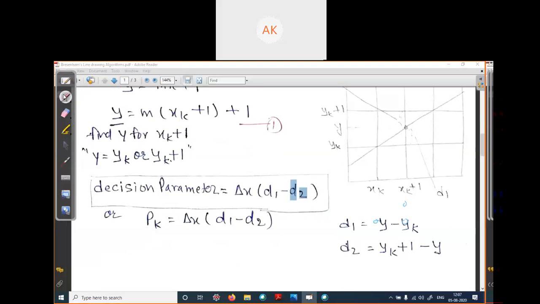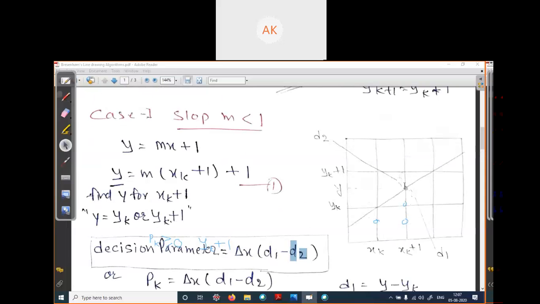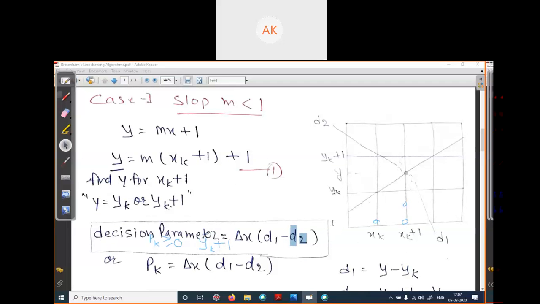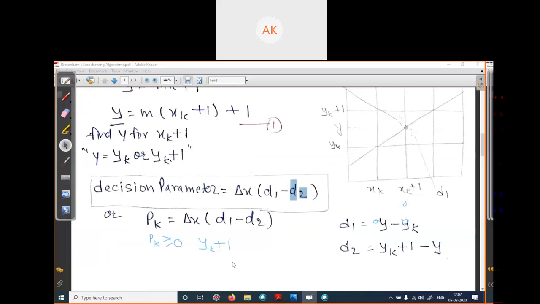If this is your decision parameter pk, and it is greater than 0, meaning it is a positive value, then you will select yk plus 1, because here d2 is smaller. So when d2 is smaller, this value will be positive.